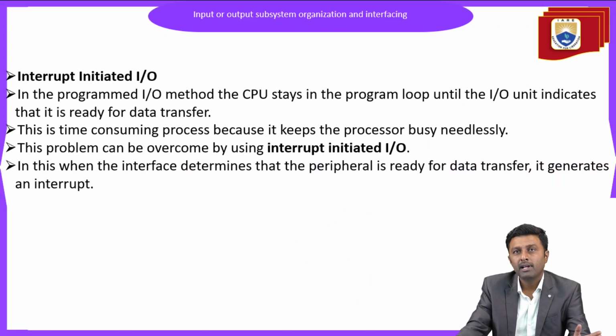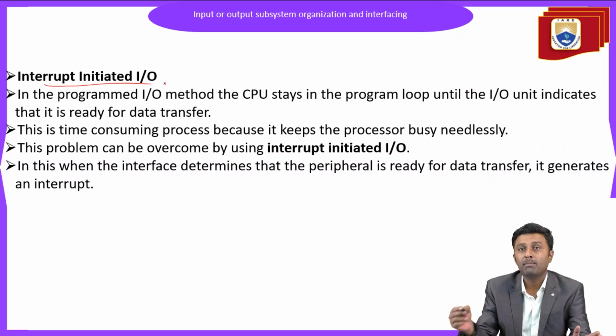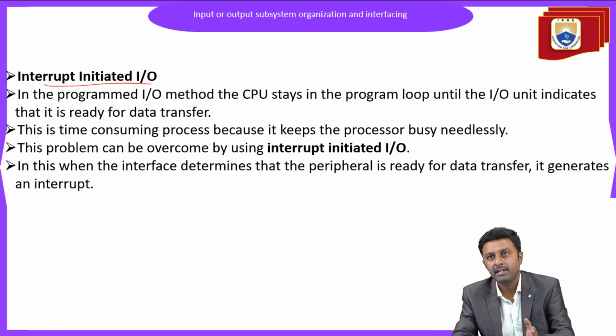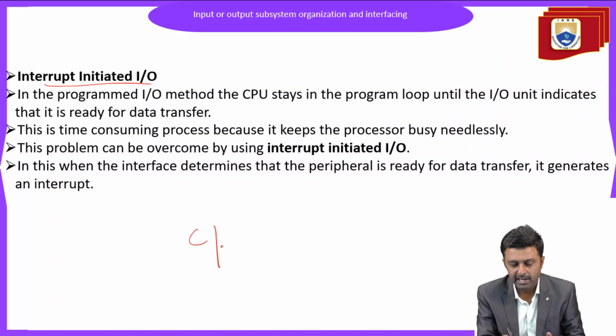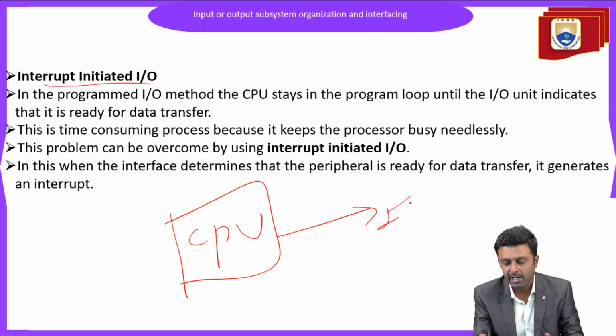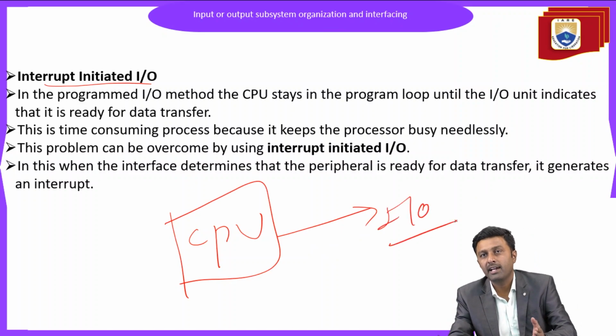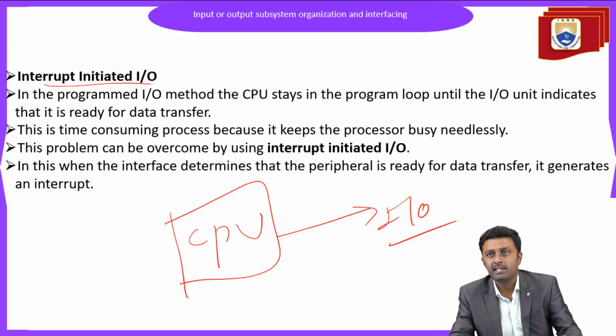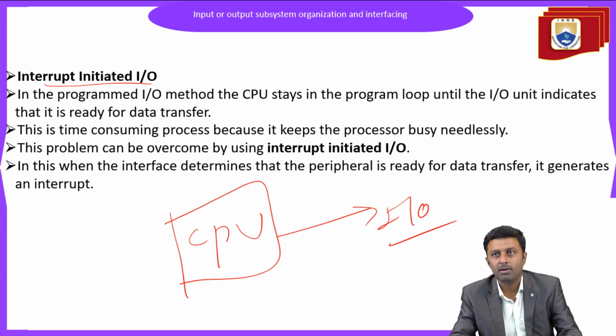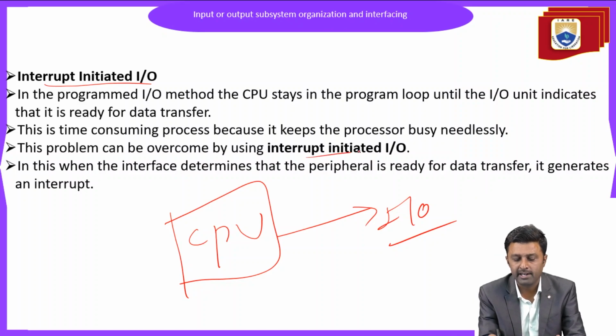The second type of data transfer is done with the help of interrupt initiated IO. In the interrupt initiated IO also, there is an intervention of the CPU. To initiate any input output data transfer, we'll generate an interrupt here. In the programmed IO method, the CPU stays in the program loop while the IO unit indicates it is ready for data transfer. To overcome the disadvantages of the programmed IO, wherein the CPU intervention was required, we will generate an interrupt.